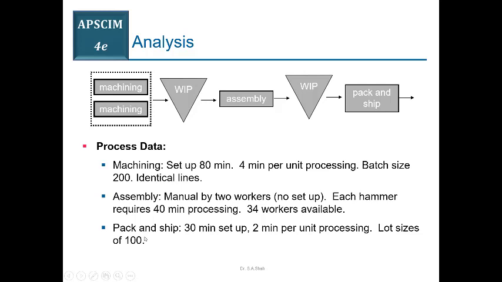The third section is the packaging and shipment section, where it needs 30 minutes setup time and 2 minutes for the process. यानी मल्टीपल हैमर जो है वो पैक किए जाने हैं एक पैकेट में, and the total packaging time is 2 minutes.